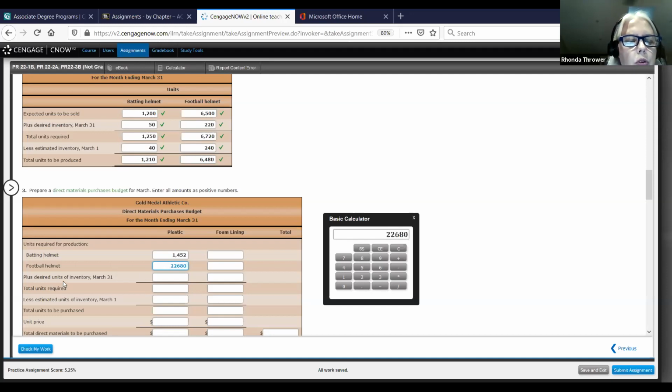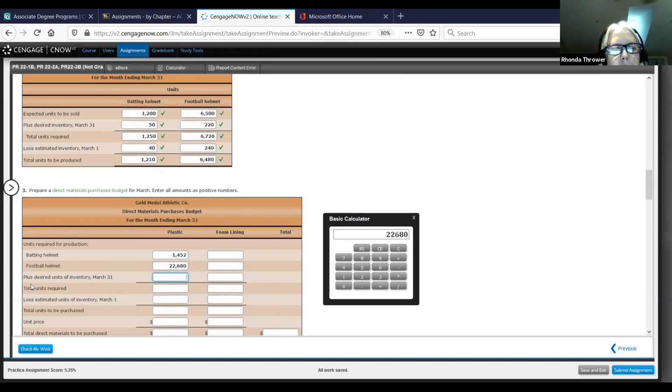Then what they want you to do is put in the desired units of ending inventory as of March 31st. So we're going to have some plastic material that we want to have left over in case our employees make a mistake when they're producing these helmets.